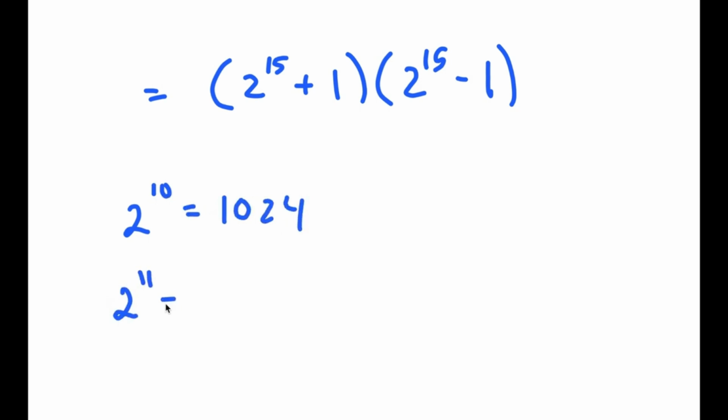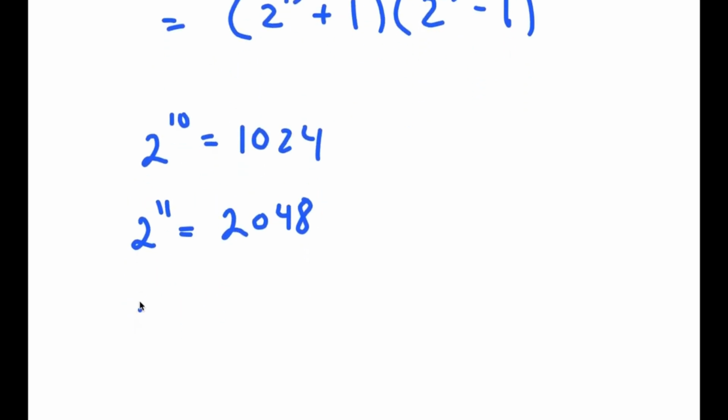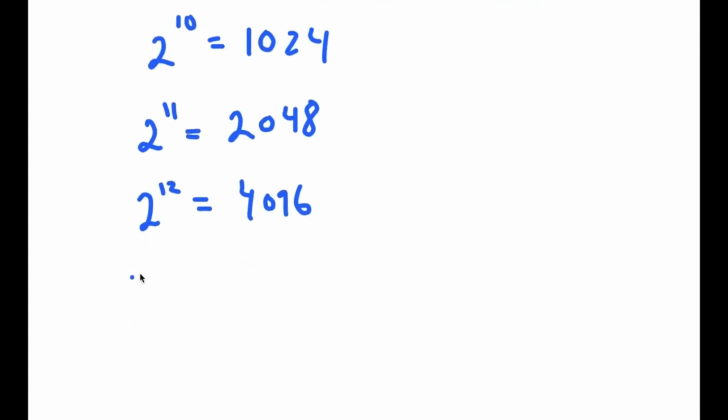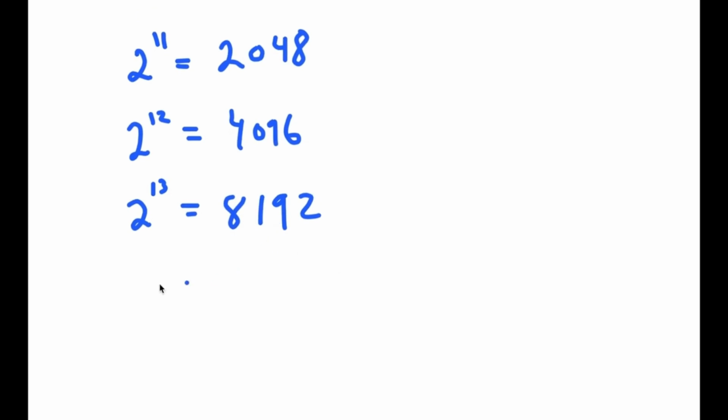So 2 to the power of 11 is double of 2 to the power of 10, which is double of 1024, which is 2048. So now 2 to the power of 12 is double of 2048, which is 4096. 2 to the power of 13 is double of 4096, which is 8192. 2 to the power of 14 is double of that, which is 16,384.